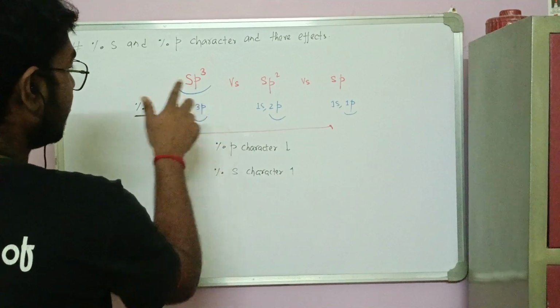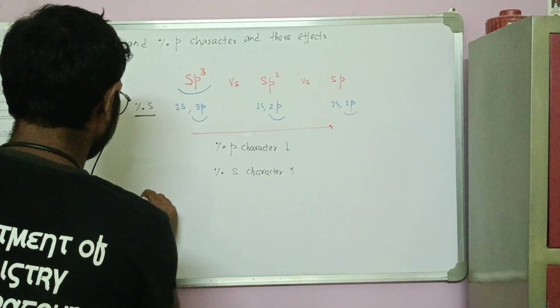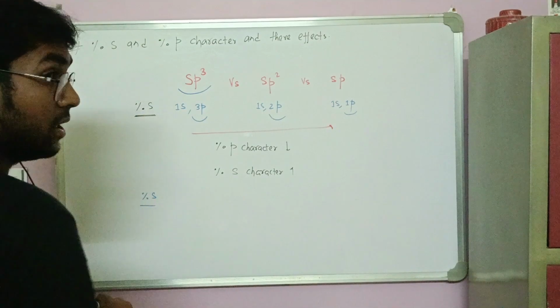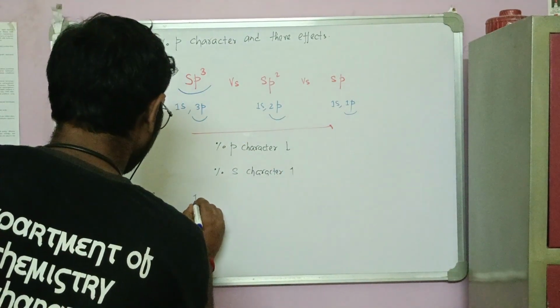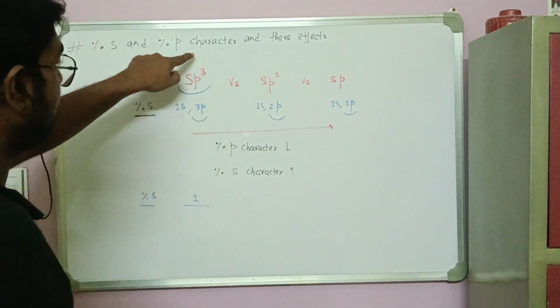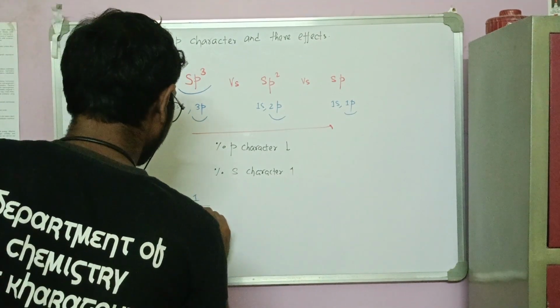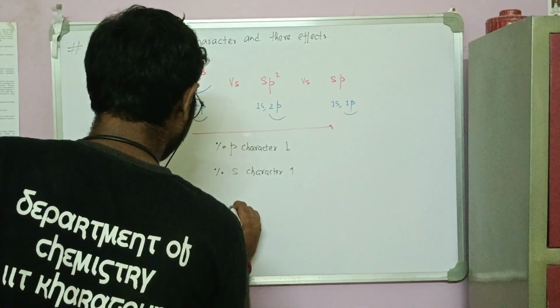So for 1s and 3p, for sp3, let's suppose, what will be the value of percentage of s? So s is number 1, s divided by, what is the total number of orbitals? 3p, 1s, so 4. So 1s in 4 orbitals into 100%.